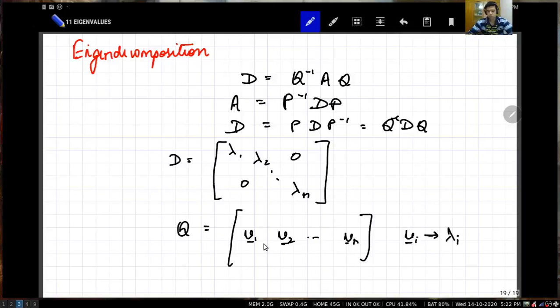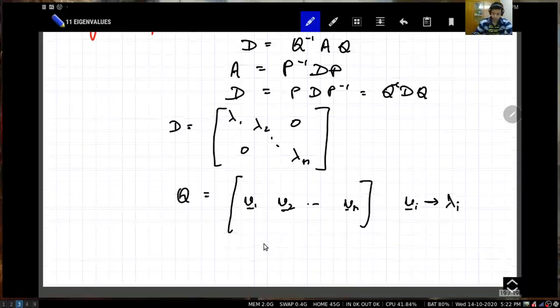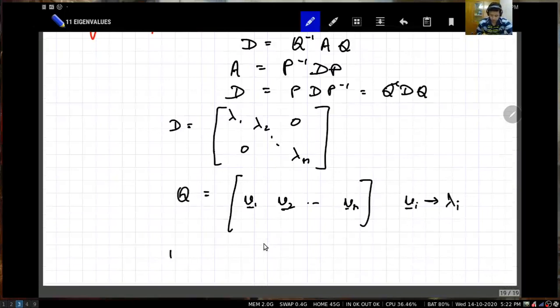If I take Q to be the following, then I claim that D is equal to Q inverse A Q.